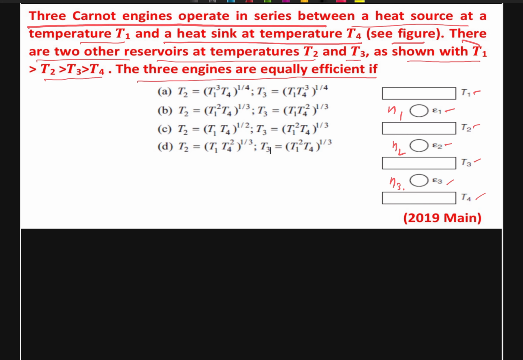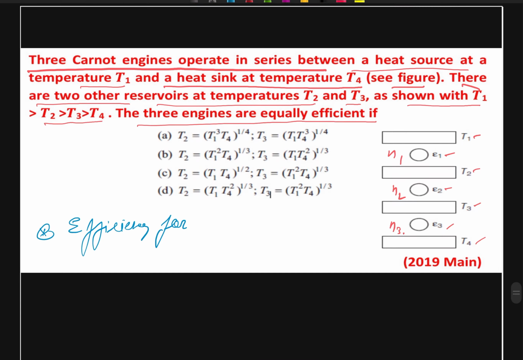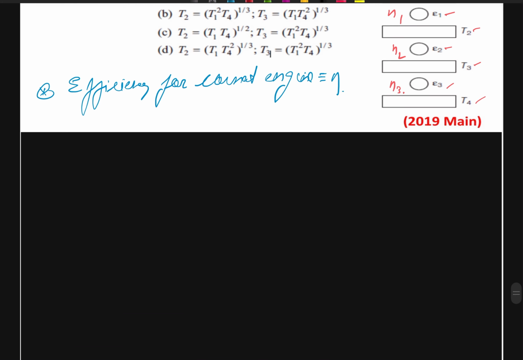The general formula for the efficiency of a Carnot engine is nu equal to 1 minus temperature of the sink upon temperature of the source.